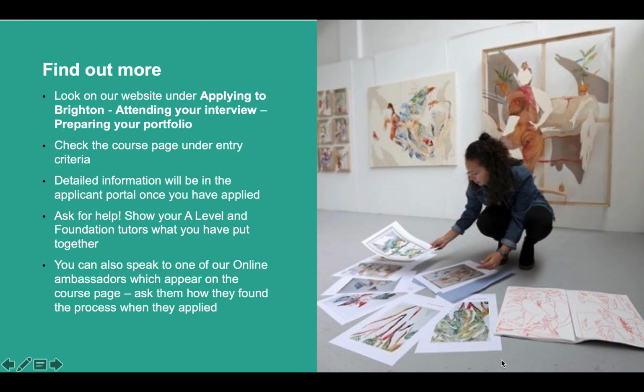You can visit the website, where you'll find very specific information about what we're looking for at an individual course level. Of course, talking to your A-level tutors and your foundation tutors will really help. We also have a variety of online workshops where you can ask specific questions to members of the team and also our student ambassadors.